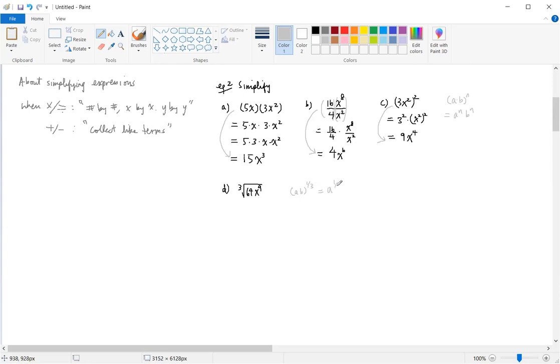Then the a has the cubic root, the b also has the cubic root. So the square root was the same rule, cubic root is also the same rule. When we have square root of ab, it is root a times root b. Cubic root of ab is also cubic root a times cubic root b. So here we have cubic root a, cubic root b.